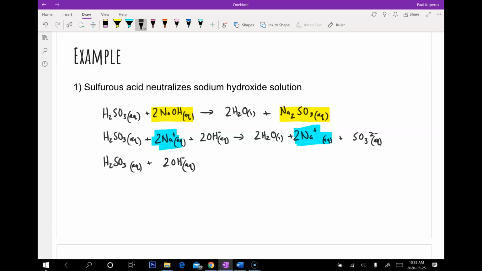The sodiums just watch, to make 2 water molecules and some sulfite ions that are now in the solution. So this right here is our net ionic equation. We see that our weak acid is neutralizing our strong base to make water and sulfite.